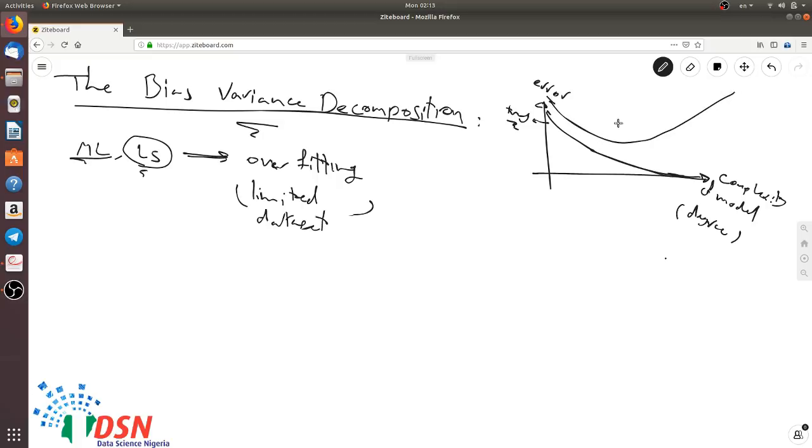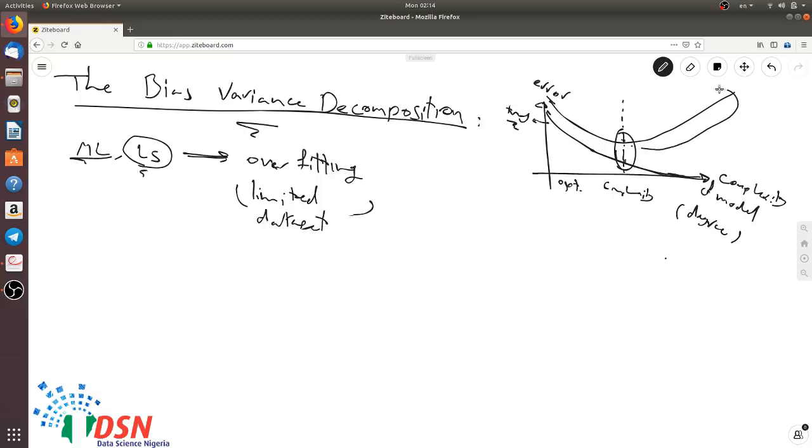As you can see, there is an optimal complexity in which the training error and validation error are both good, but when we increase our model complexity, the model will overfit, and so the test error will increase.